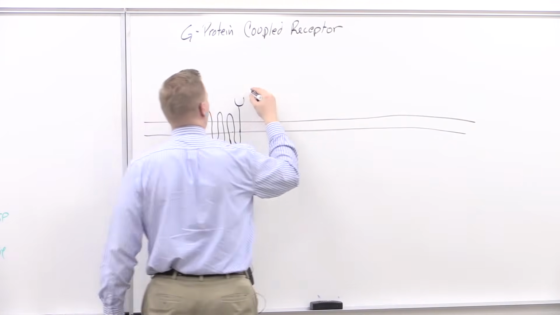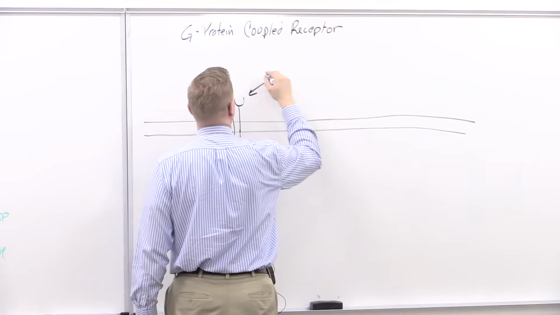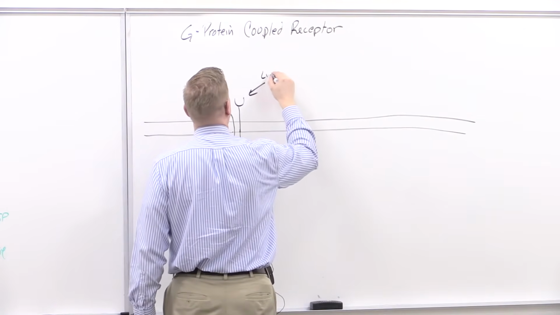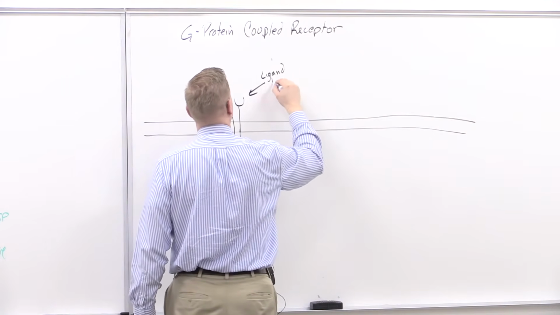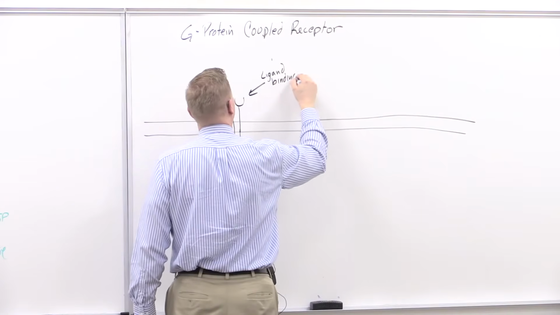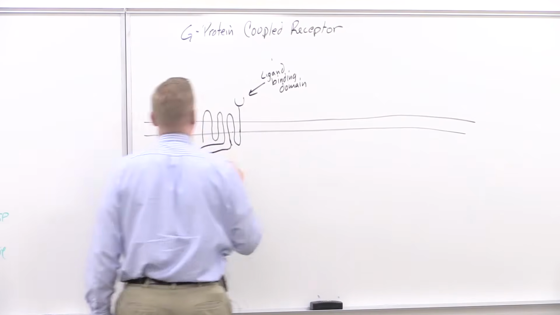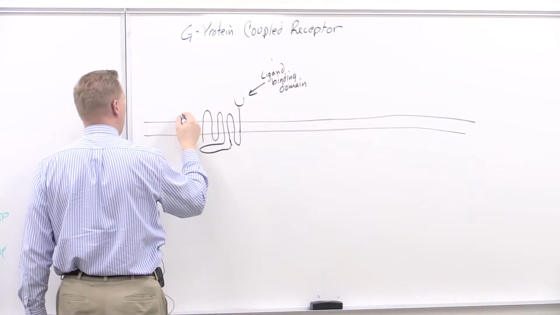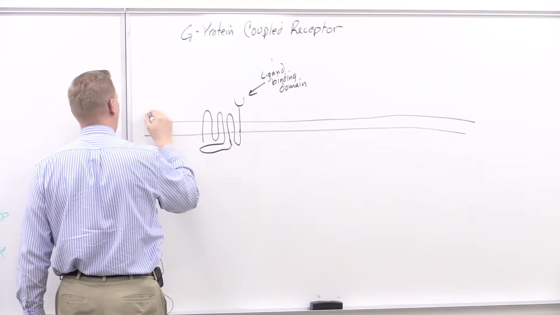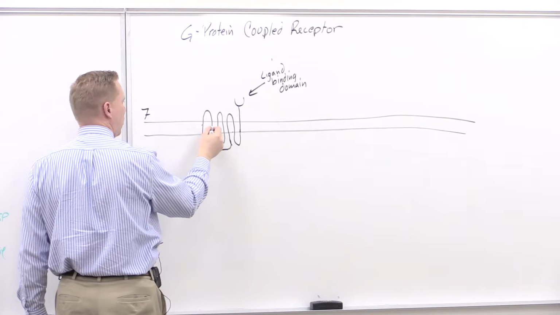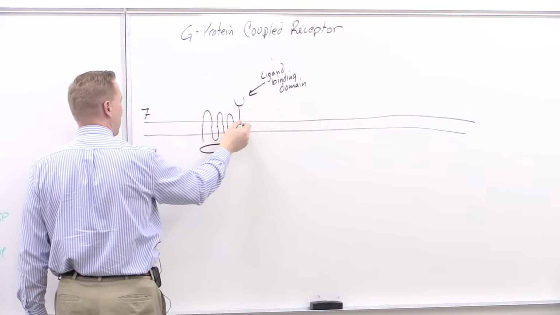Now the key here is it has a couple of different domains like our tyrosine kinase. So we have the ligand binding domain. And then right here we have our transmembrane domains, but notice there are 7 of them now. 1, 2, 3, 4, 5, 6, 7.